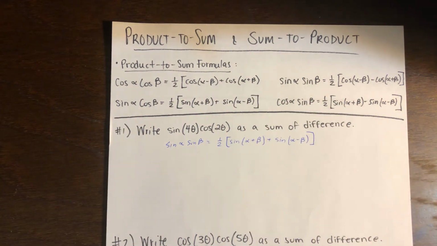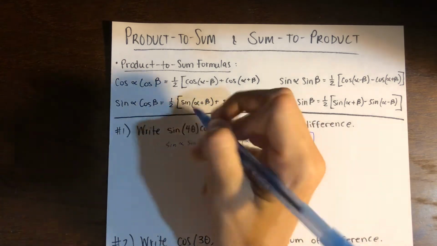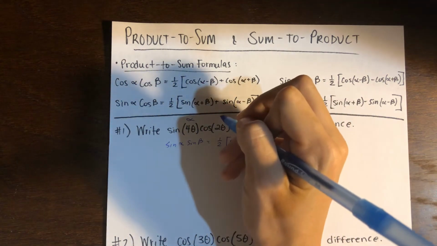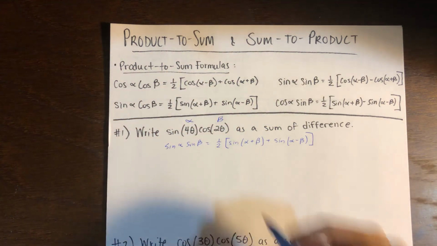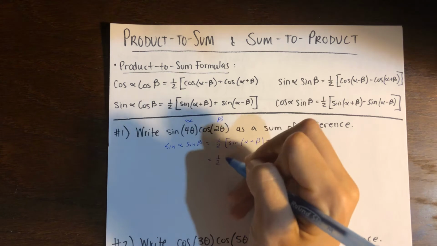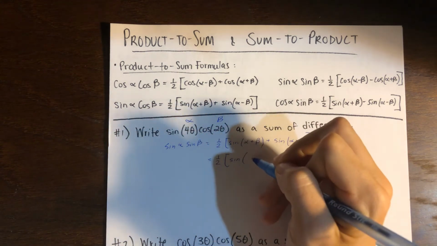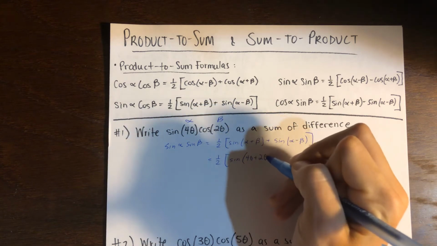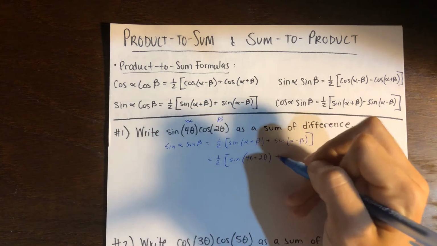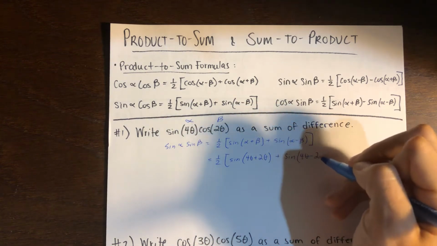So in this one right here, we're just going to plug in. We know alpha is 4 theta and 2 theta is beta. So we have a half times the sine of alpha plus beta, so 4 theta plus 2 theta, plus the sine of alpha, which is 4 theta, minus 2 theta, which is beta.